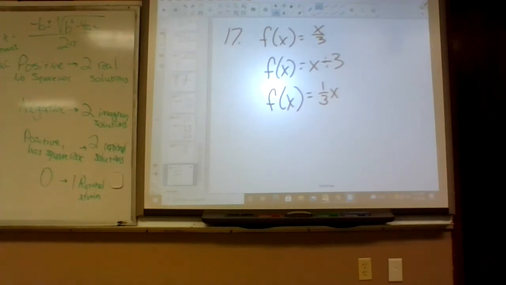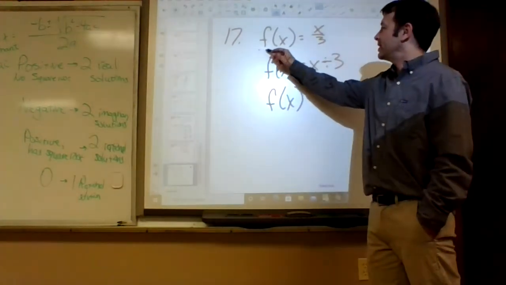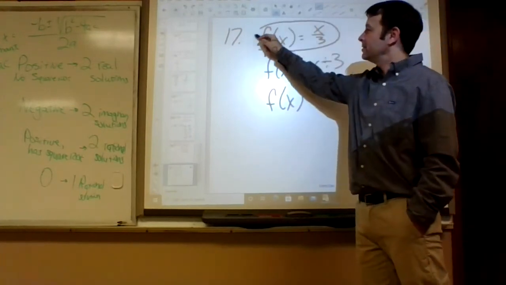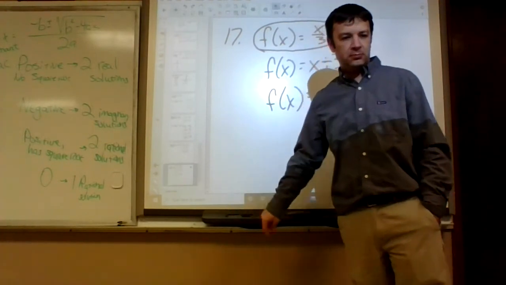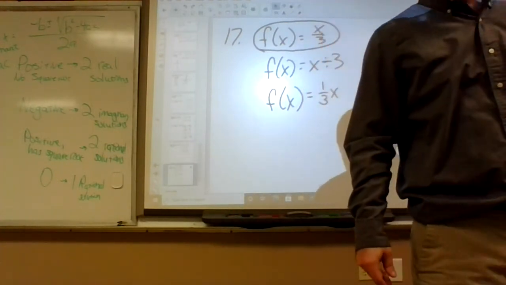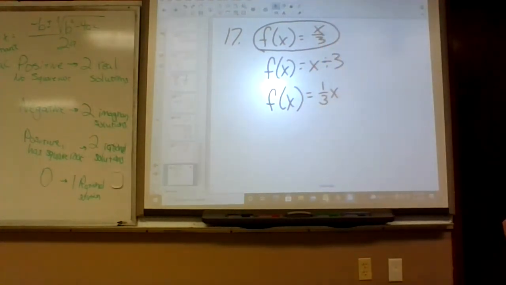The last one was the one the book chose. This is probably the one that I would expect to see if I was not helping you guys. They're all the same. Doesn't matter which one.